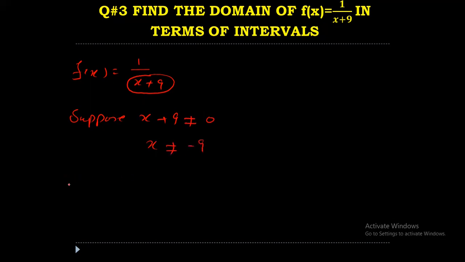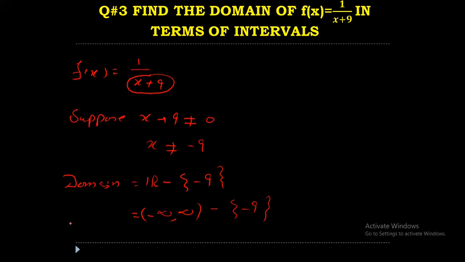So we will write domain equal set of real numbers minus 9 in terms of set. So set of real numbers you can write like this: minus infinity to infinity minus 9.